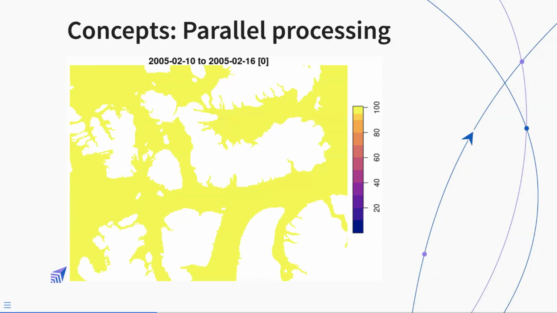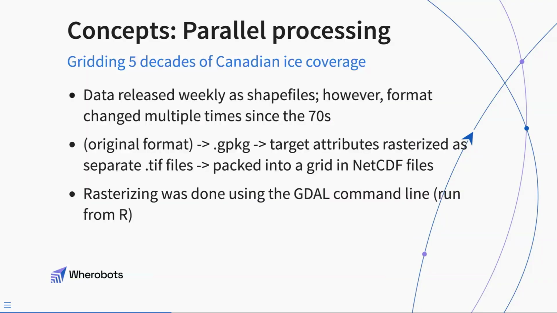So that was how we set that up. When I post the slides, there'll be a link to that project. But the parallelizing, when you can phrase your problem as converting this one file into another file, and you have a lot of files to start with, that type of problem is quite nicely parallelized.